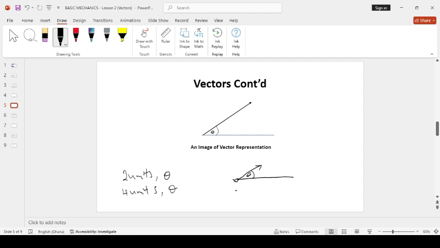Assume it's at the origin. The same way, if I want to represent the 4 units at the same angle, it's going to look like this, with my angle theta here. Assume this to be the origin.